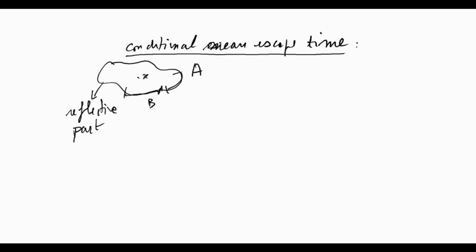To calculate the mean first passage time of the process, we have seen that if we have a process X star which satisfies the following equation: B star of X star plus sigma star of X star d omega, then the mean first passage time of the process is solution of the equation.